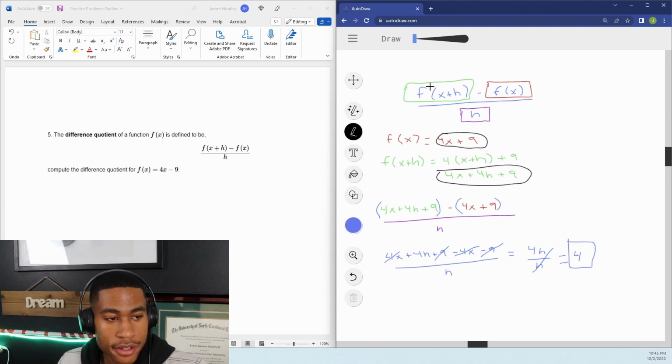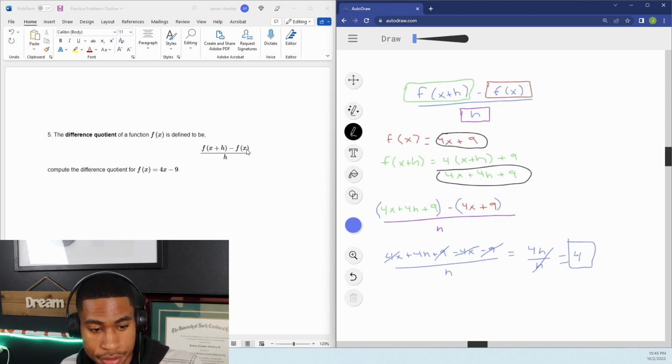So we just took our functions. We used the variables that we were given. They gave us a function f of x is equal to 4x minus 9. And they gave us an entire bigger function that we needed to find the difference quotient of. And the difference quotient of that big function was just 4.